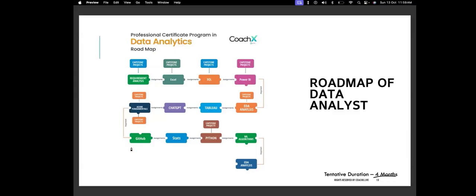So this is the entire roadmap for any data analyst. If you opt for the data analyst course, this is going to be your roadmap and the curriculum, which will last for 4 months. And these are all the subjects that are covered as a part of data analyst.